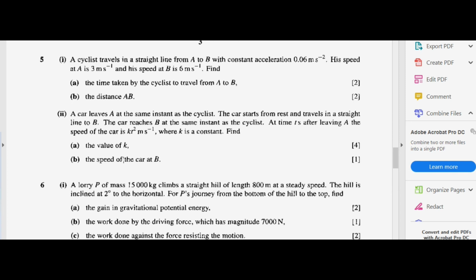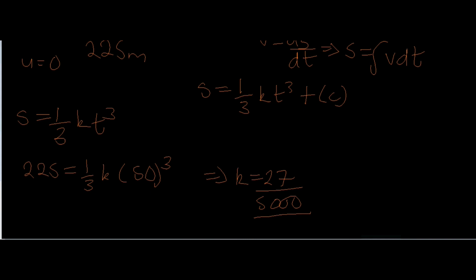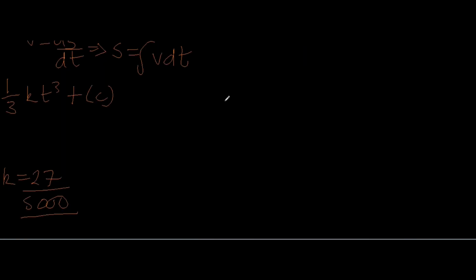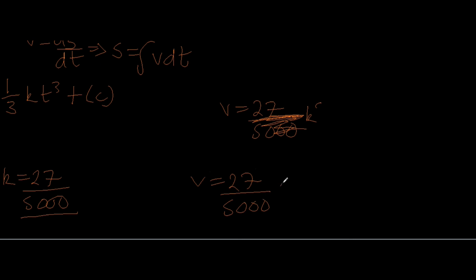And the next question is, find the speed of the car at B. Well, now that we know our k, our velocity is going to be 27 over 5,000 multiplied by t squared, because now we know our k, and we know that at point B t is equal to 50.